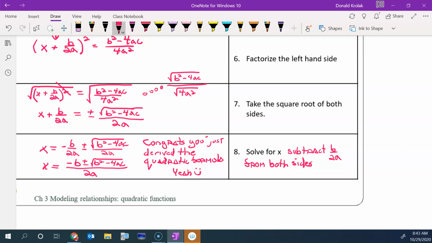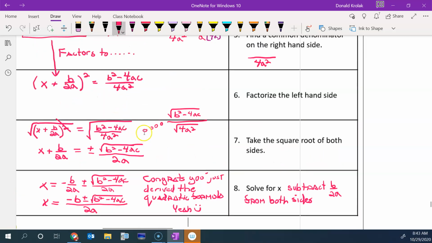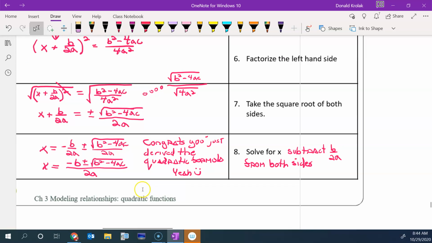That's where the quadratic formula comes from. So without completing the square, the quadratic formula would not exist.